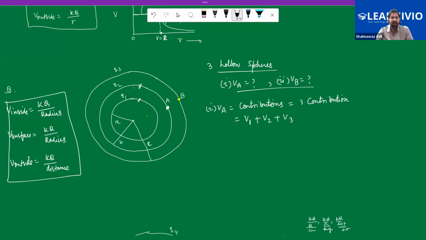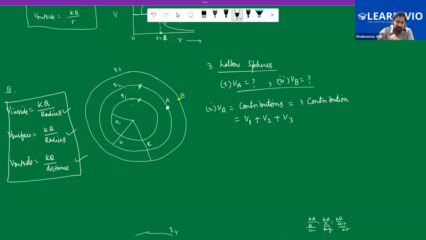Now, if I'm calculating this A point, then due to the smaller sphere, is this A point inside, on the surface, or outside? Because these are the three potentials for different cases.